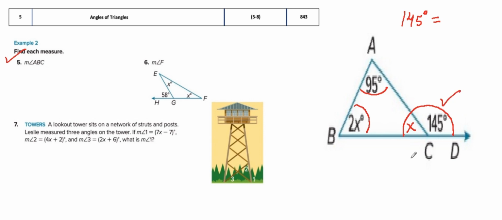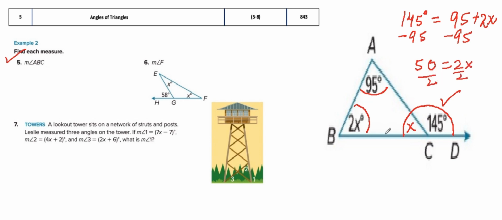So this exterior angle will be equal to the sum of 95 and 2x. So just you have to simplify it. You know how to simplify it. Minus 95 minus 95, which is 0, and 50 is equal to 2x. So divided by 2, divided by 2, x is 25.